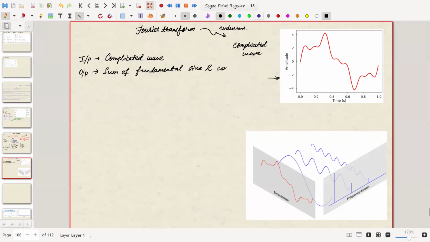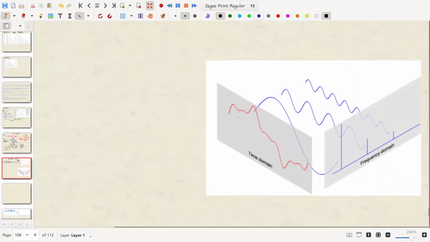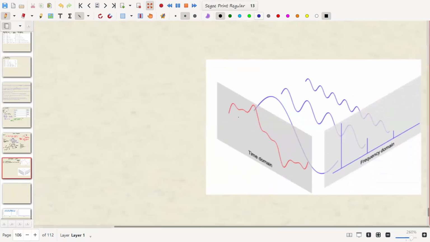Sum of fundamental sine and cosine waves, isn't it fine with you? So this part which I just mentioned can be visually understood in this picture right here. This is your input, the complicated wave. What the Fourier transform does is decompose that signal into fundamental sine and cosine waves, which you see right here.